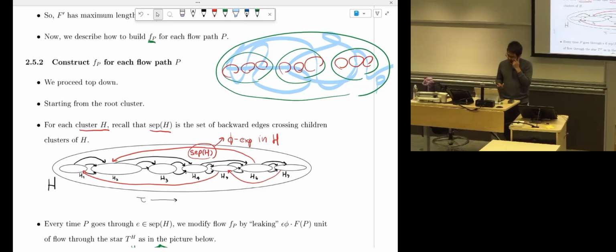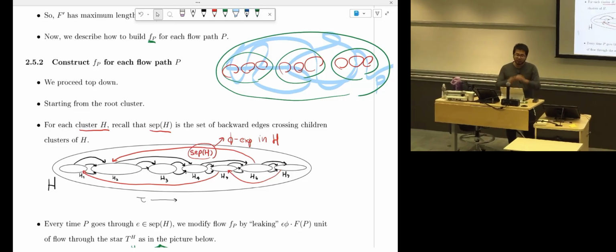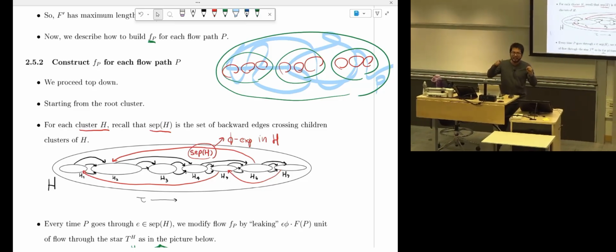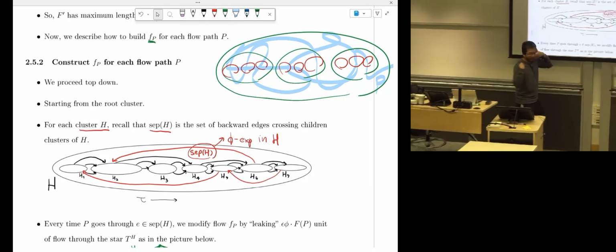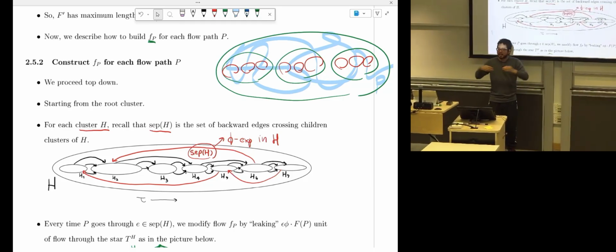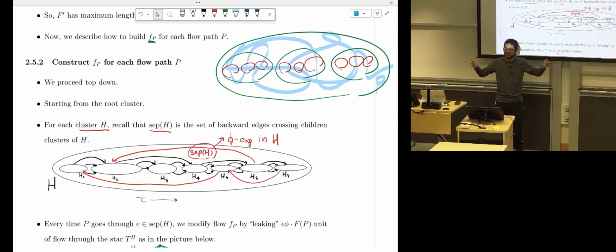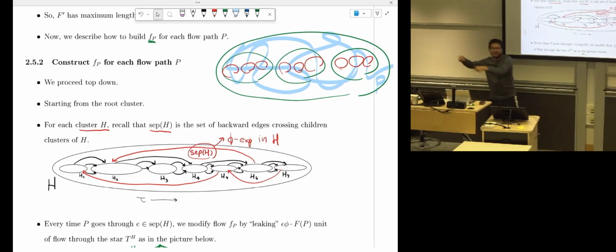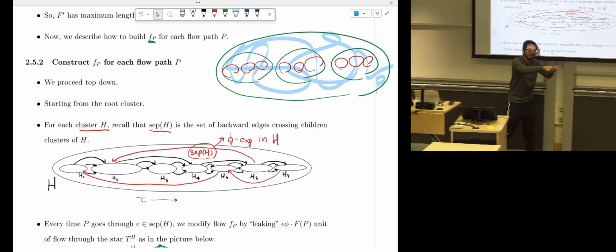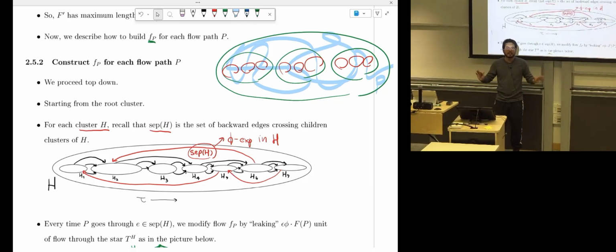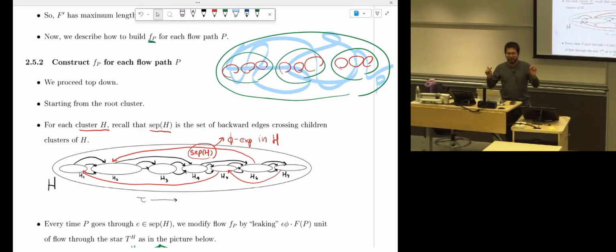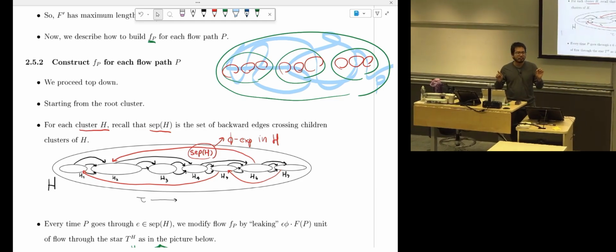We don't want the path to use many separator edges. Why? Because the only reason that the path can be long, as I mentioned, is that it uses backward edges, so it proceeds forward and then goes backward. We don't want that to happen too many times. So I want to forbid the path from using the separator of H many times.